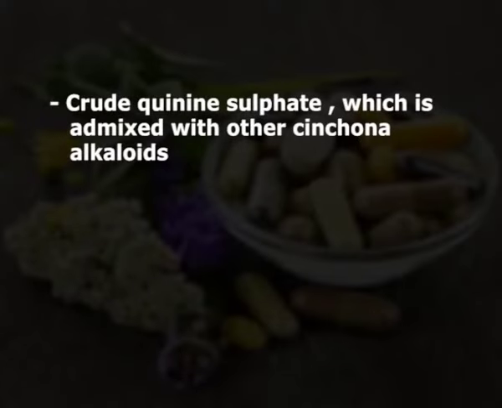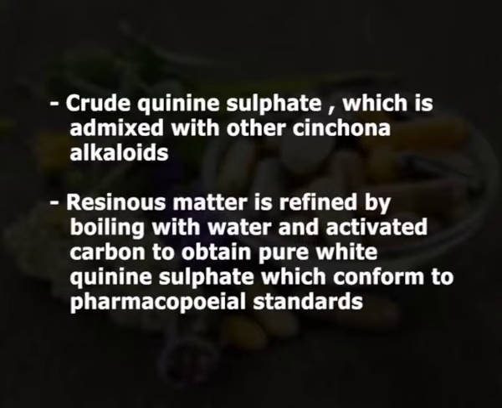On cooling, crude quinine sulfate, grey colored, is crystallized out and centrifuged. Crude quinine sulfate, which is admixed with other Cinchona alkaloids and resinous matter, is refined by boiling with water and activated carbon to obtain pure white quinine sulfate, which conforms to pharmacopoeial standards.